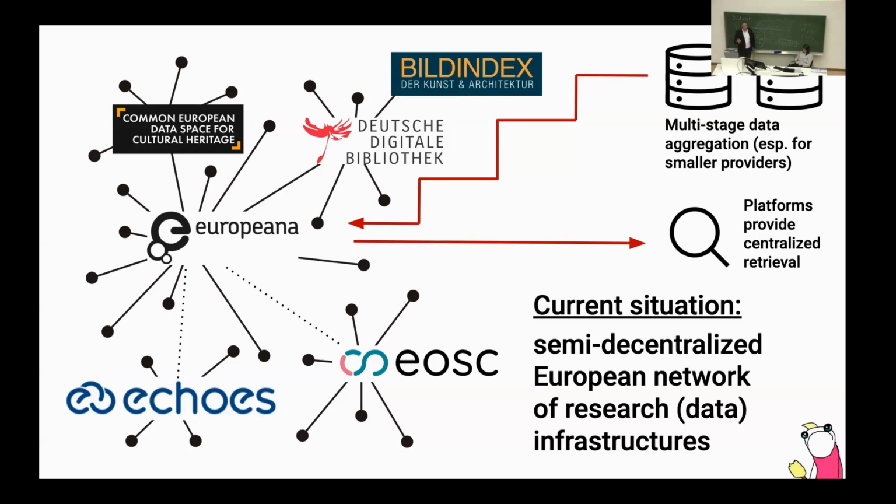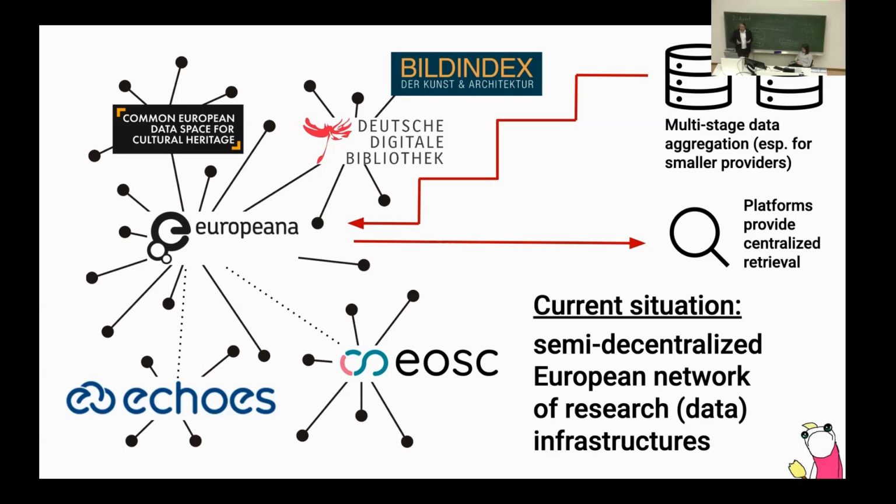And for a small institution in cultural heritage, it's quite a way until you get your data published in that huge array of decentralized aggregators. And you always have to go through a multi-stage aggregation. And at the same time, and we should also think about this when we think about data sovereignty, only the platforms provide the centralized retrieval systems.